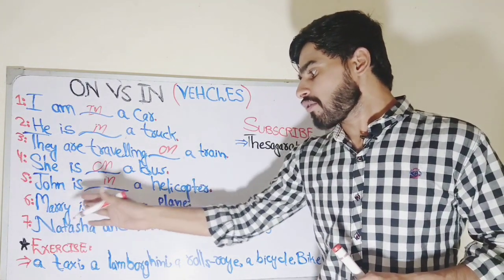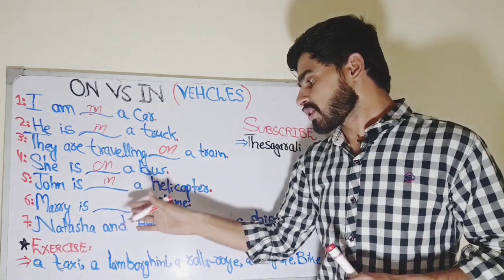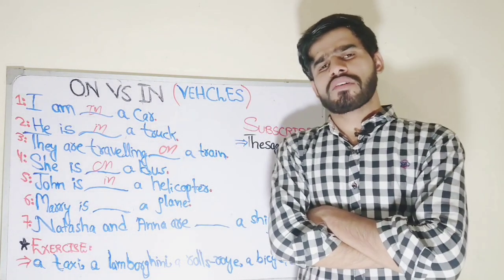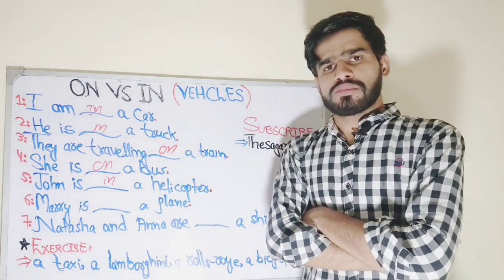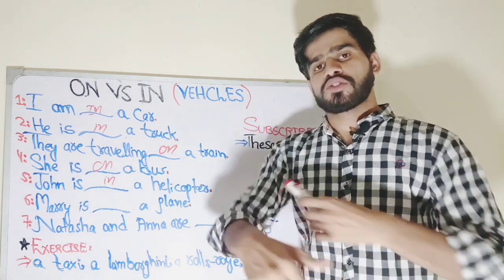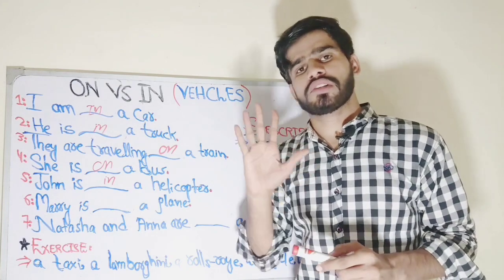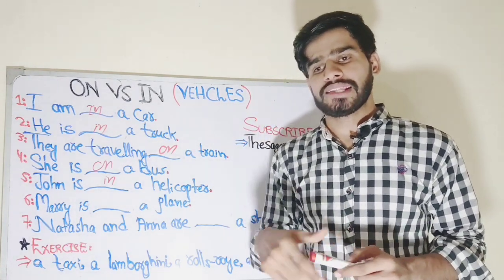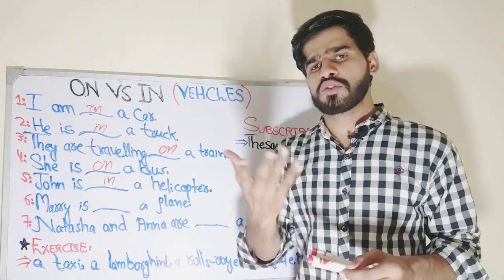Sixth one, Mary is dash a plane. You know very well, you have watched in movies, or if you have traveled abroad, you have watched that the air hostess comes and asks you to say anything you want.